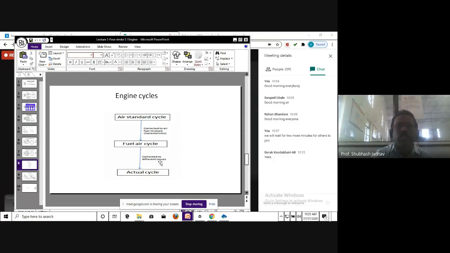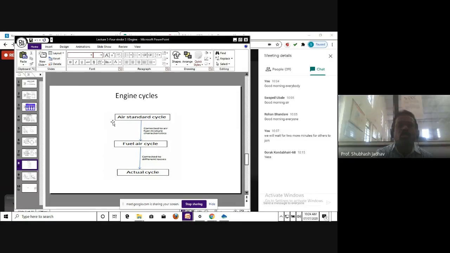But still this is not what we get as output at the end of the crankshaft, because from here also there are some losses, some frictional losses, and finally whatever we get at the end will be lesser than this actual value.